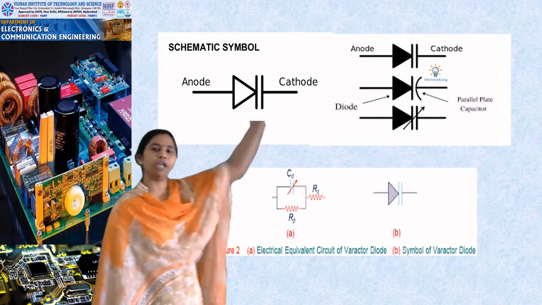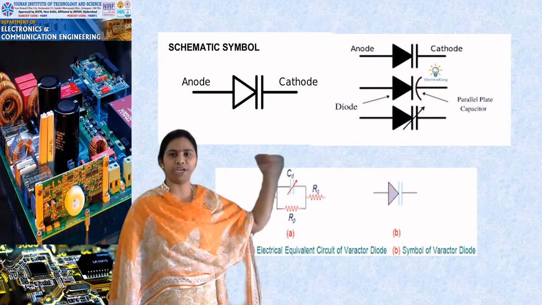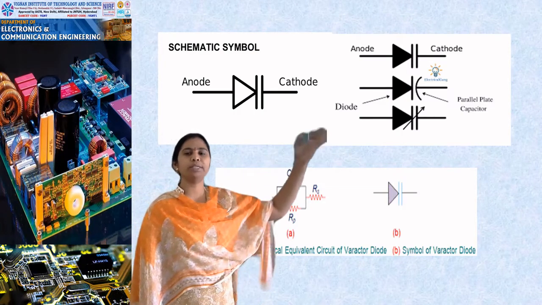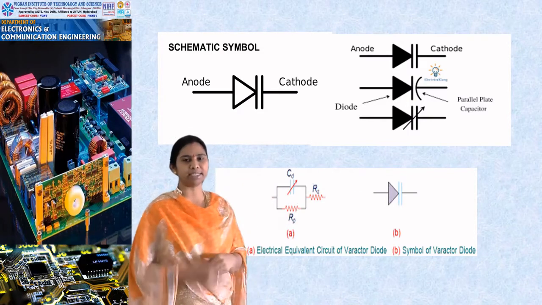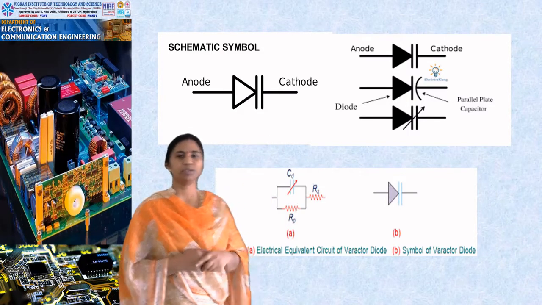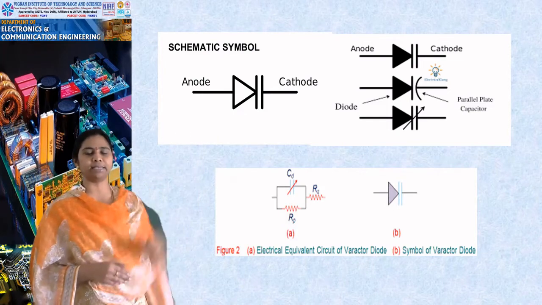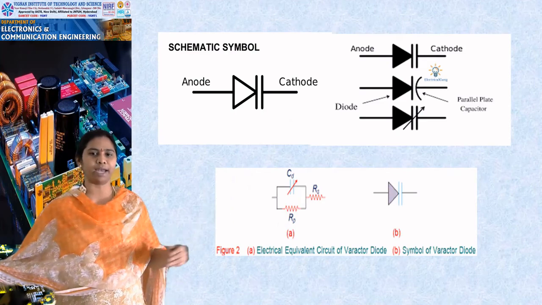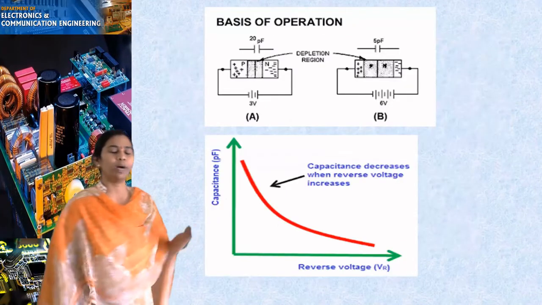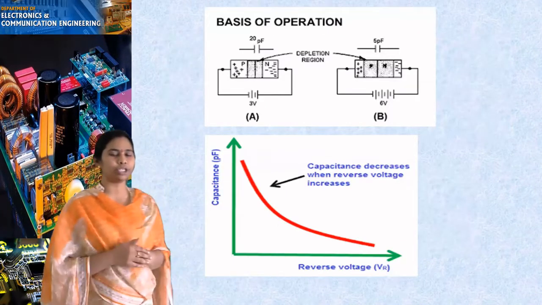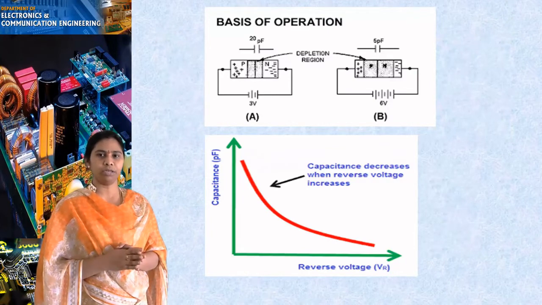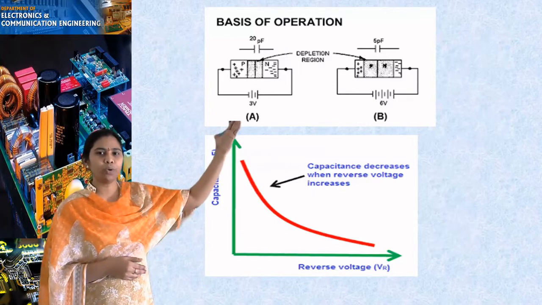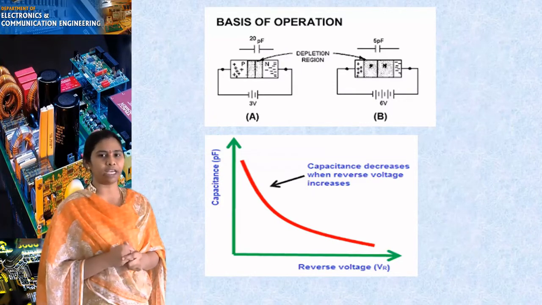You can represent it in any of the three ways mentioned here, but with a variable capacitance. This is the schematic symbol of a varactor diode, and this is its equivalent circuit. Now, once you have applied the voltage at this junction and increase it, with 3 volts you see a capacitance value of 20 picofarad.